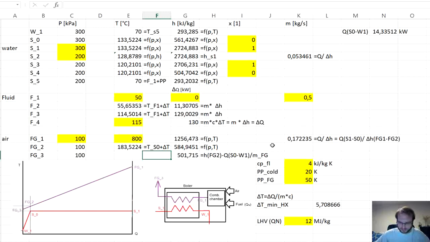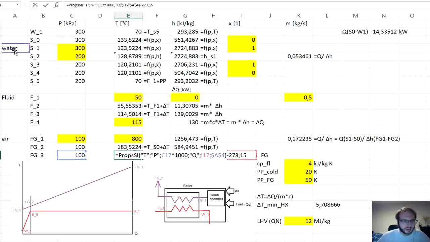So the temperature at the outlet will be a function of pressure and enthalpy, pH, and let's get somewhere a function for temperature and modify it for what we need.